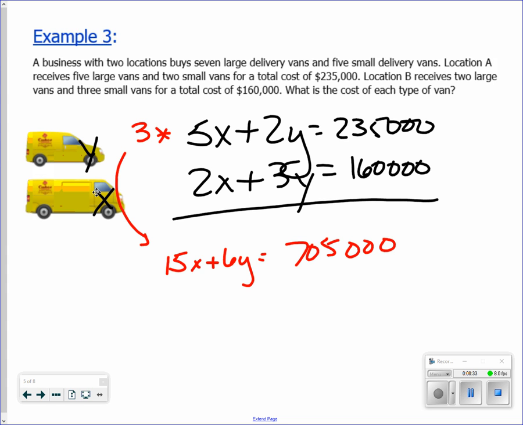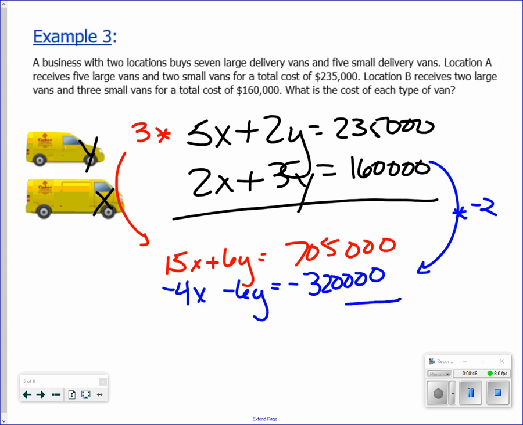Next, I'm going to multiply this equation by -2. So now we're talking about -4x, -6y, and -320,000. By multiplying the top by 3 and the bottom by -2, I have created a situation in which the y's can be eliminated.